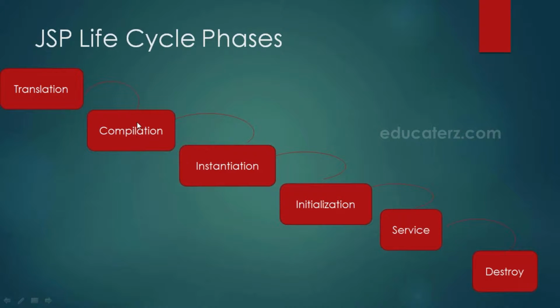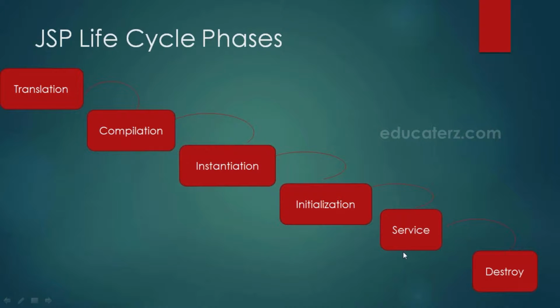After compilation, the servlet life cycle starts. That is instantiation: the web container creates an instance of the servlet. In the initialization phase, we have the servlet config, encapsulating the servlet information like context information and the initial configuration information and so on.